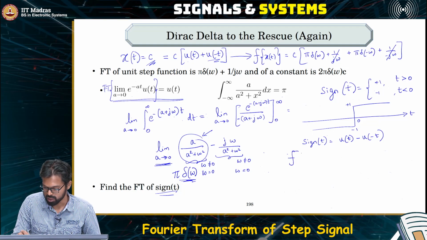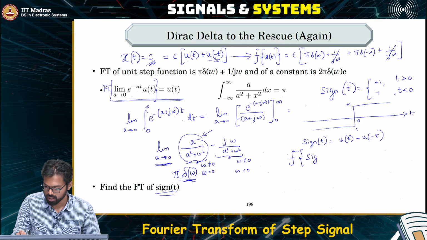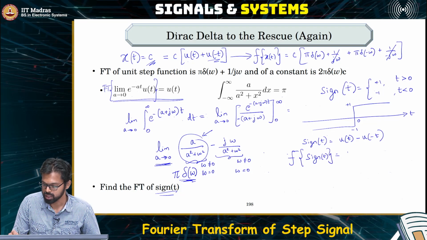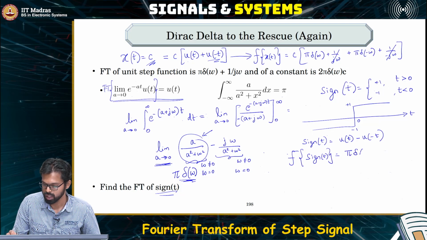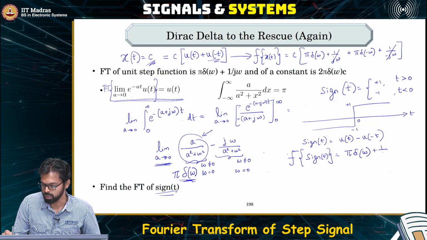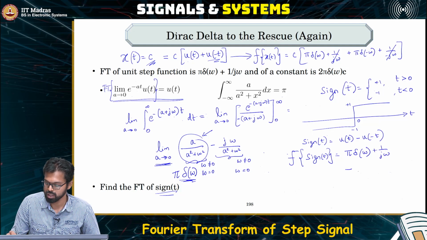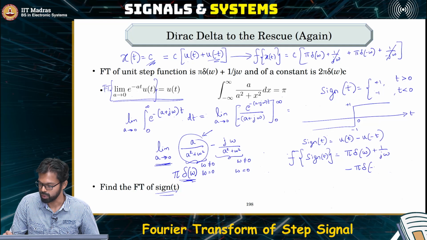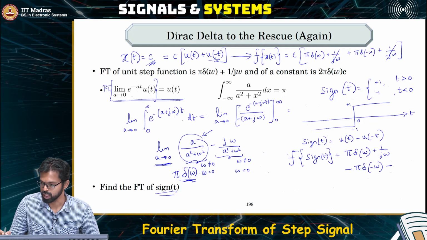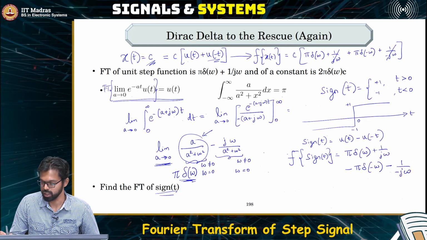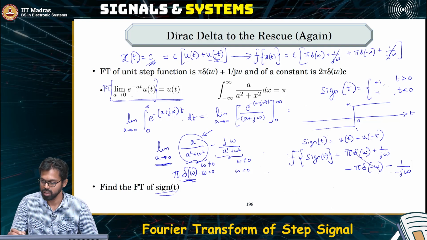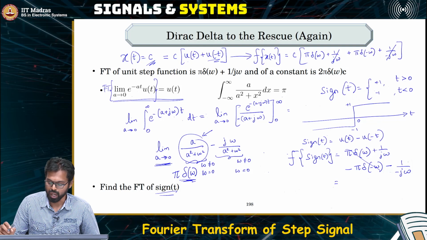Now apply Fourier transform on both sides. The Fourier transform tells you that this is pi of delta of omega plus 1 by j omega, minus pi of delta of minus omega minus 1 by j omega. So these two get cancelled because delta is an even signal, and these two get added up.